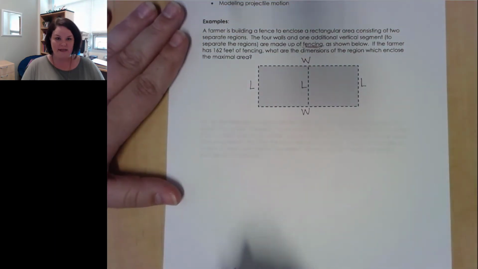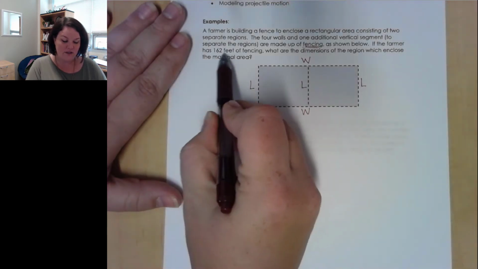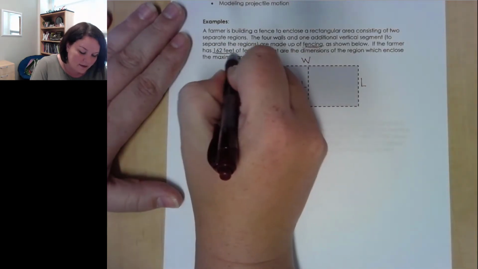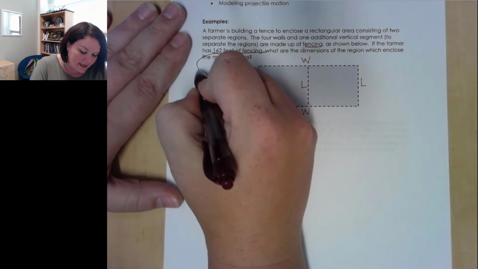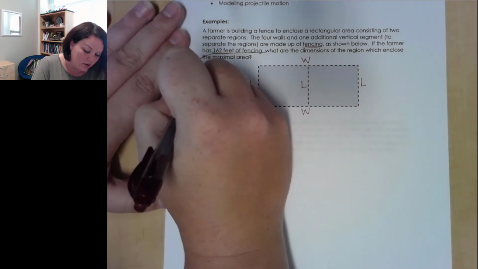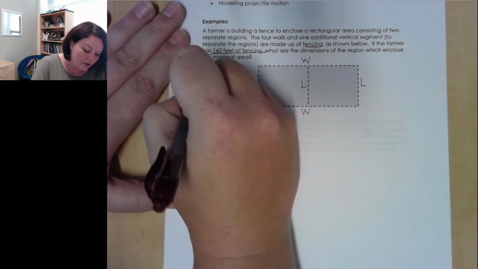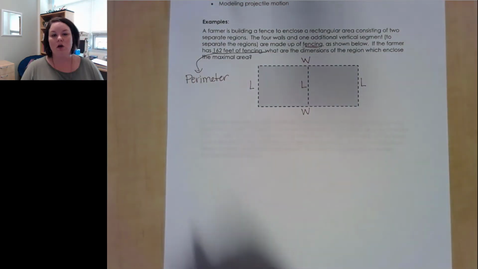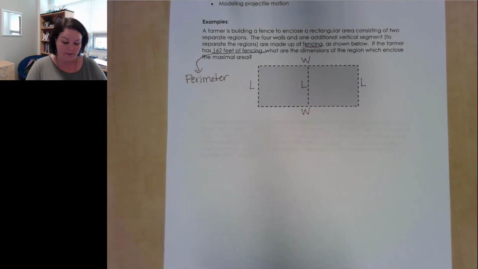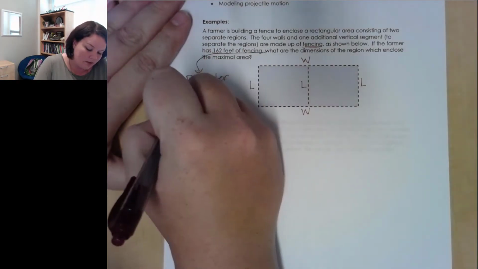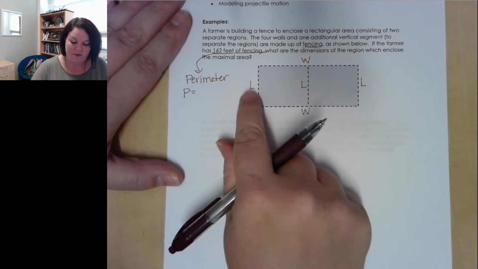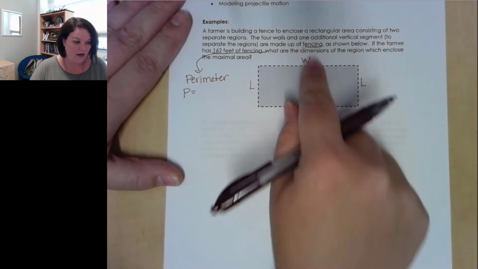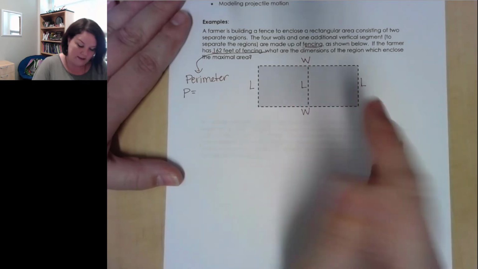Okay, so they tell us that we have 162 feet of fencing. So that right there is telling us our perimeter. Perimeter means we add all those edges up. So our perimeter is equal to, notice we have 3 lengths and 2 widths.